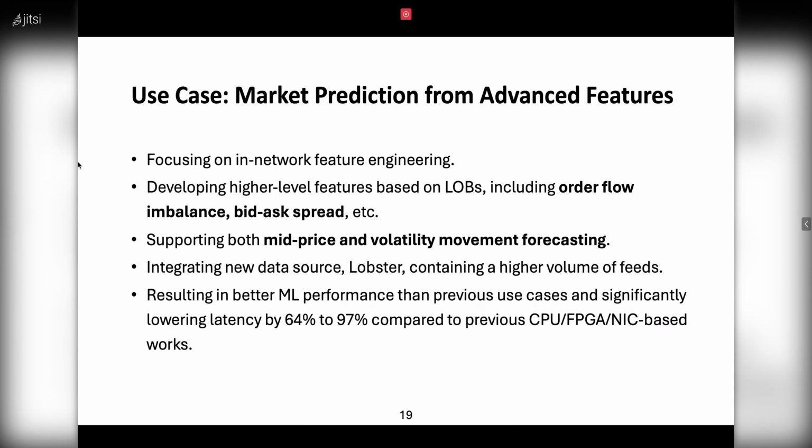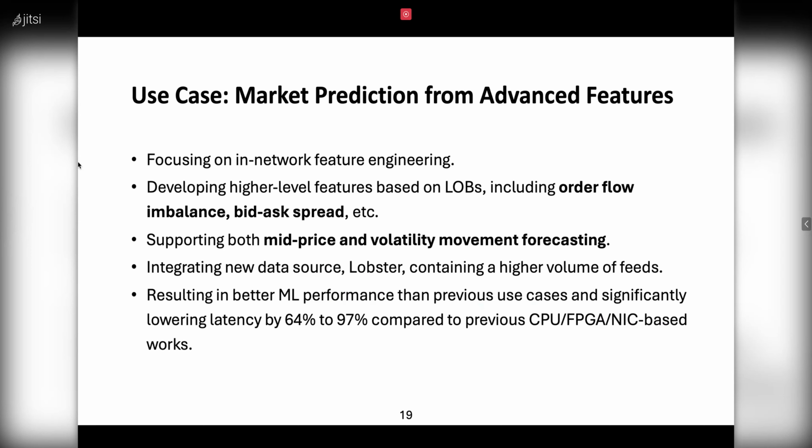But now we want to focus more on in-network feature engineering, how to develop higher level features based on limit order books, including the order flow imbalance. We want to support both mid-price forecasting and volatility movement forecasting. So we also extend the tasks.